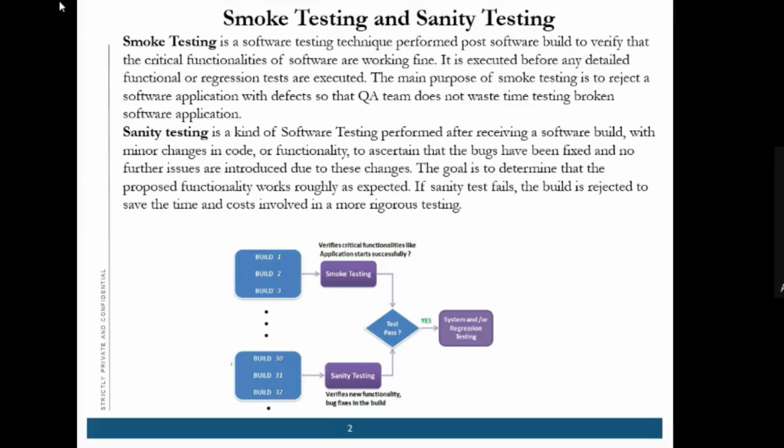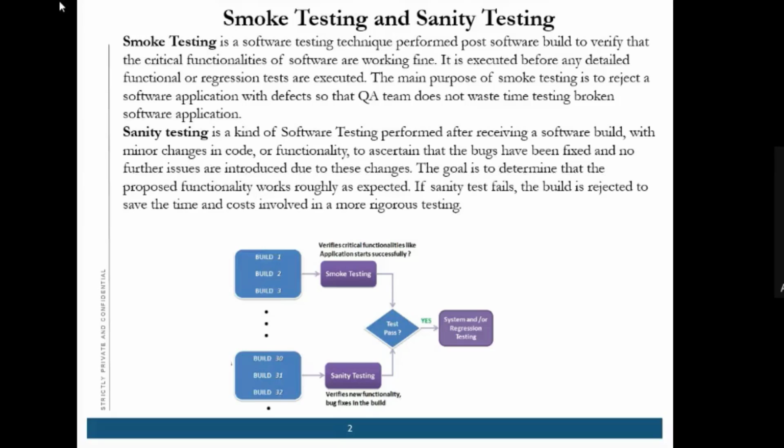When they give us the build, they integrate all those modules and give us the build to test. Sometimes it is working for them, but when they give it to us in the testing environment, it is not working. It will not be able to log in, or sometimes it is crashing.